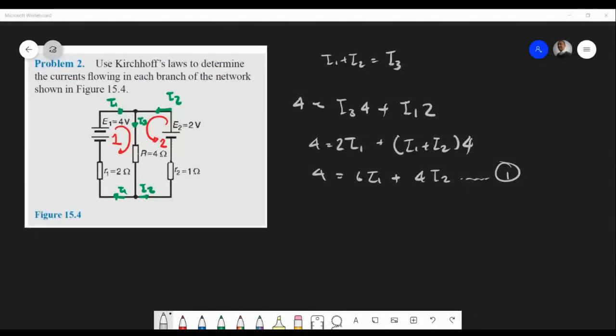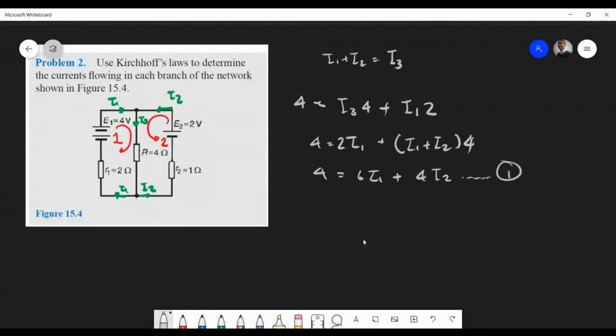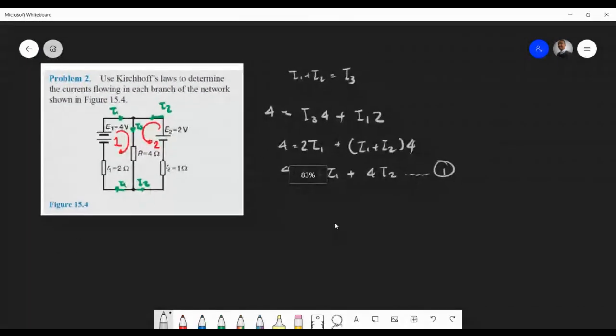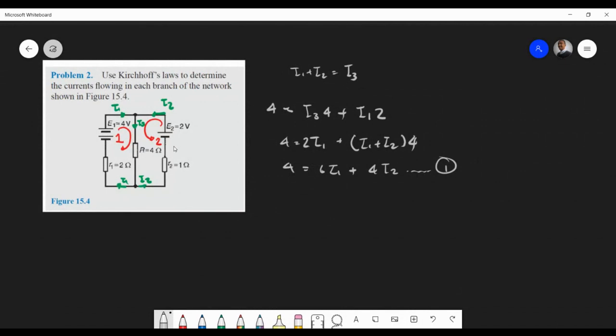Okay, so for recap here. Next, look at the next loop, and it's loop 2. And now remember, we're going from positive to negative, so we're only looking at this portion over here. So we know that the second part is going to be 2, and again, it's still I3 in that branch, so it's I3 times 4, and we're going around, and it comes up here, and that's I2 now again, so it's plus I2 times 1.